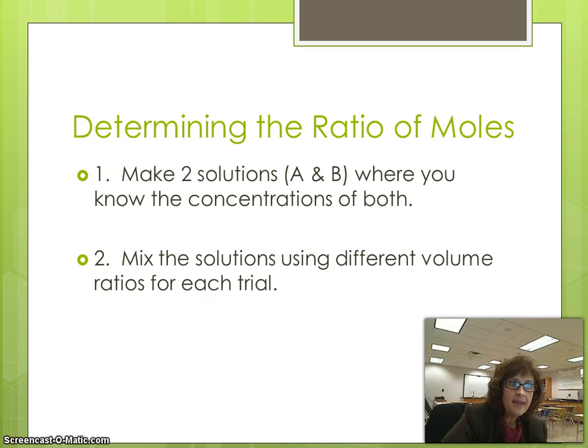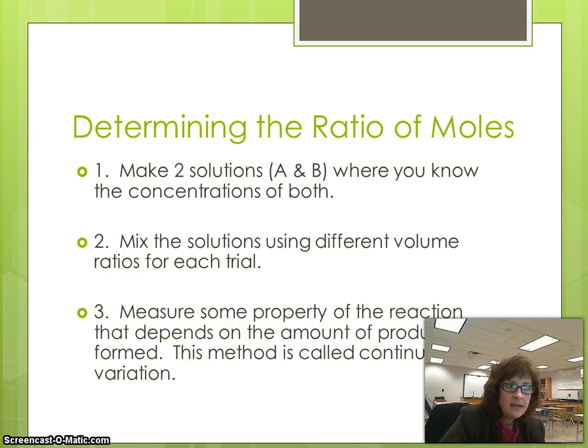The second thing is you're going to mix the solutions in different ratios of each. You're going to use like 5 mL of A and 45 mL of B, and then 10 and 40. But you've got to write down how much of each you use, and the total volume should always be the same.